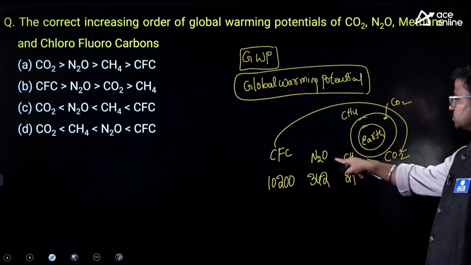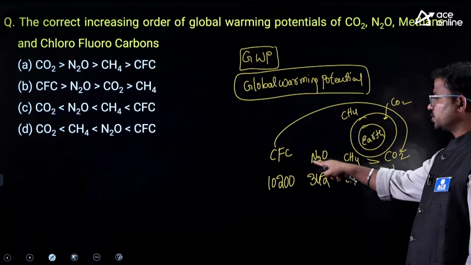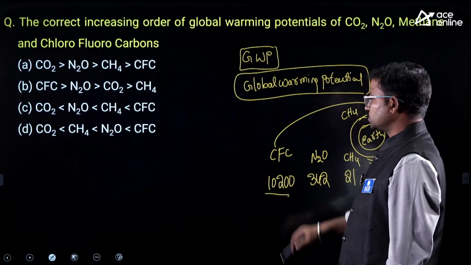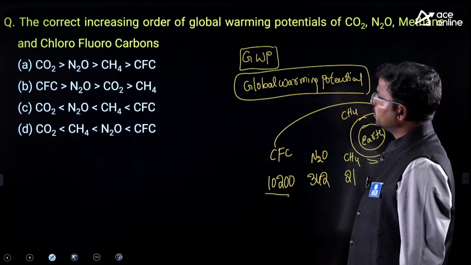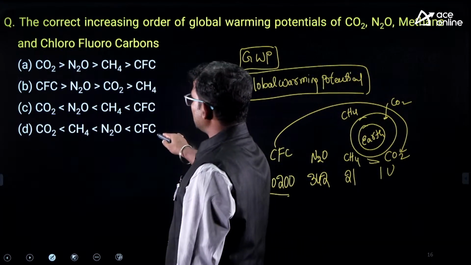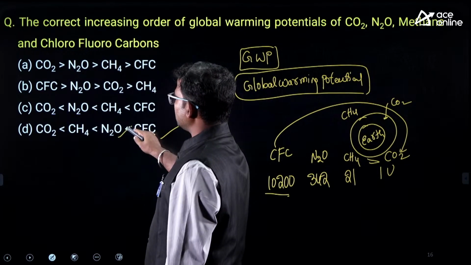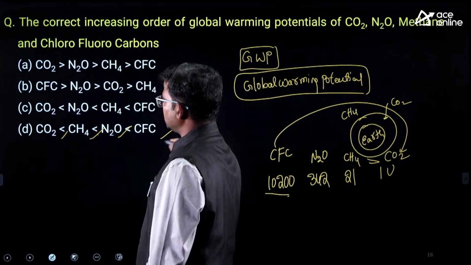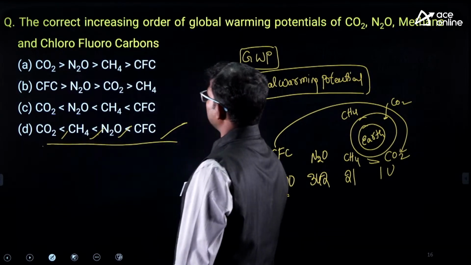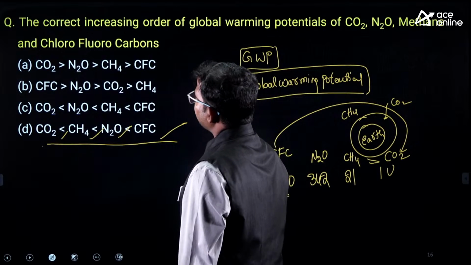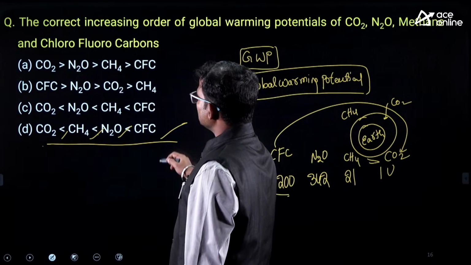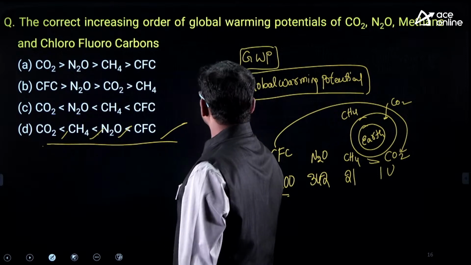Mostly 21 times. What about nitrous oxide? 342. What about chlorofluorocarbons? 10,200 times. So this is the order: chlorofluorocarbons, next nitrous oxide, next methane, next carbon dioxide. That's why option D is the right answer.